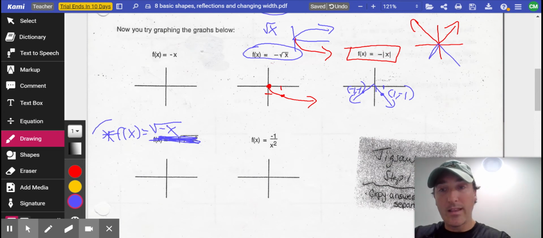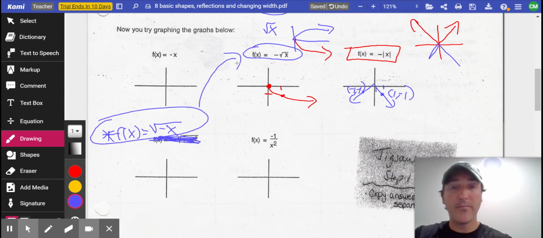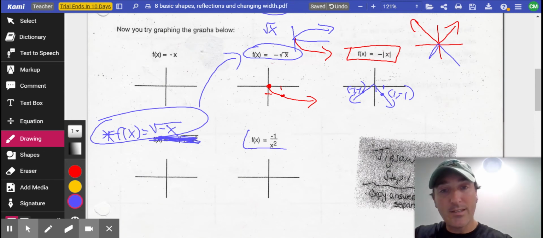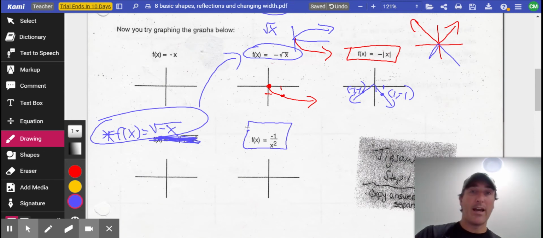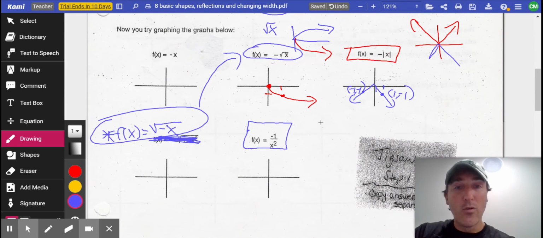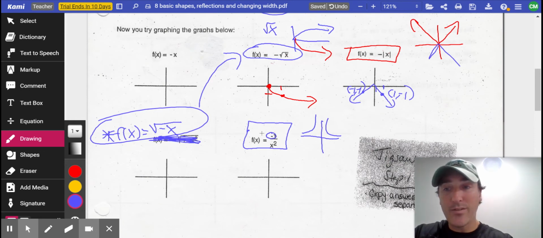I'm going to do this one last and really tie it into that because it's the same function. This is the boomerang shape when you have the x squared in the bottom. Normally, the boomerangs are both above. But since we have this negative, they're going to flip, and they should go like this.